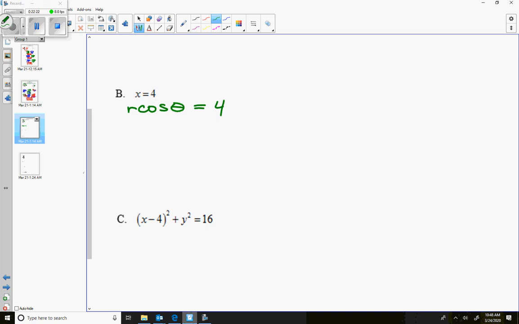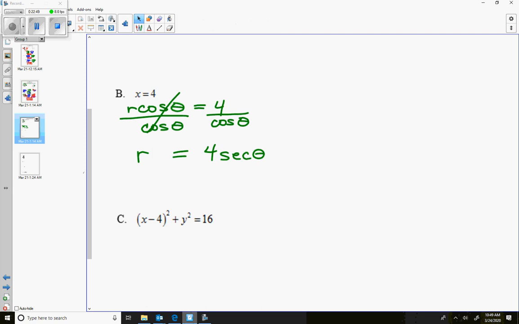Now that itself would be in terms of r and theta. What the book does, though, they prefer to have it in terms of r equals. So what they did is they divided everything by cosine theta. That cancels. So now you've got r equals, and cosine theta on bottom is the same thing as secant theta on top. So that is the answer they have for that one.